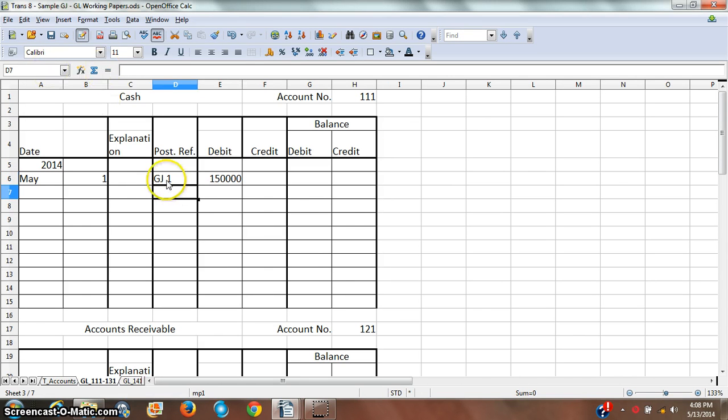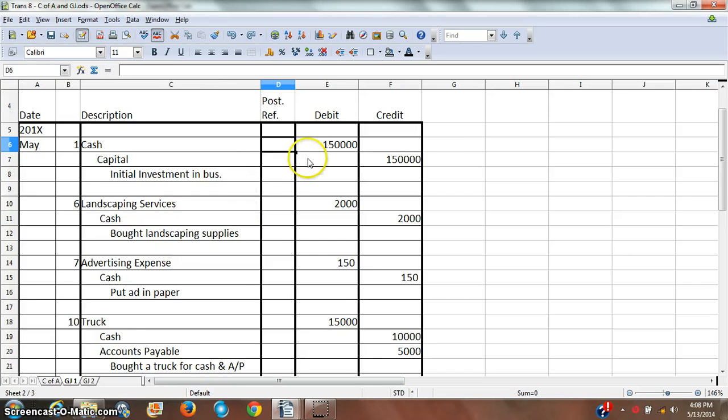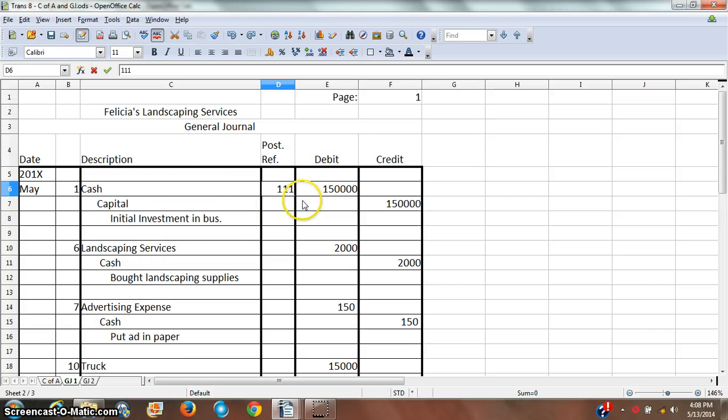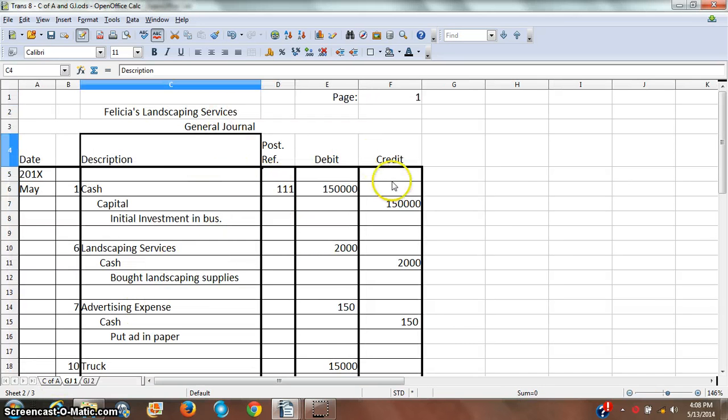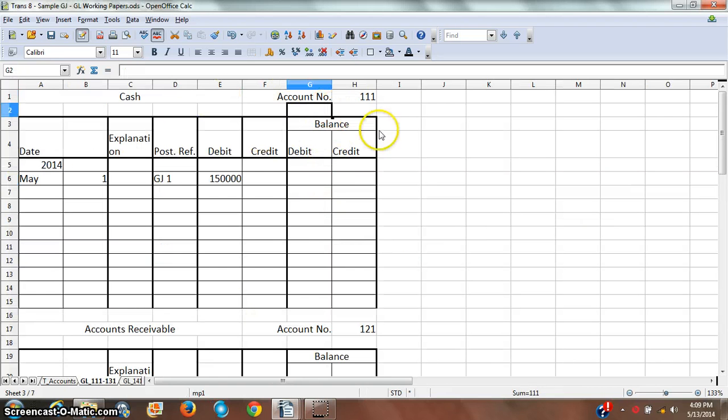Let me explain this posting reference as well. In the general journal, I'm going to write the posting reference for the ledger account and use the account number there. That way, when I'm looking through my general journal and I have this number, I can trace it back to where it came from. It came from my general ledger, account 111.